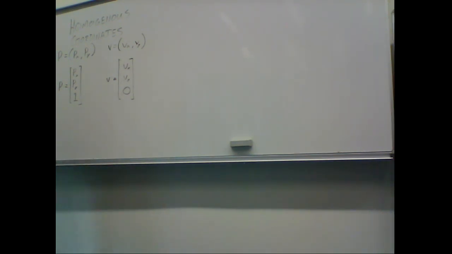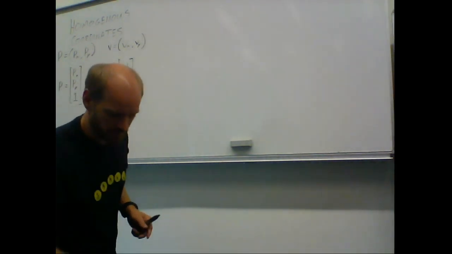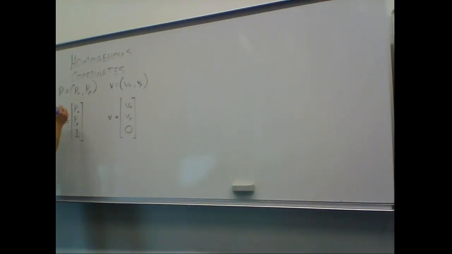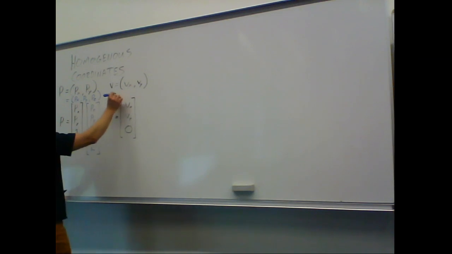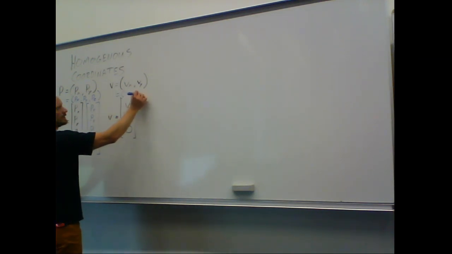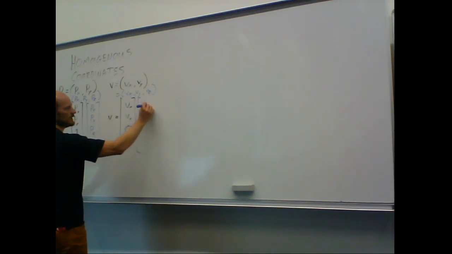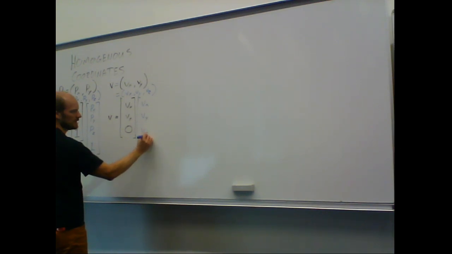In 3 dimensions, you can say I have the point px, py, pz, and that gives me a 1 by 4 column matrix, px, py, pz, and 1. And my vector vx, vy, vz will be the column vx, vy, vz, and 0.